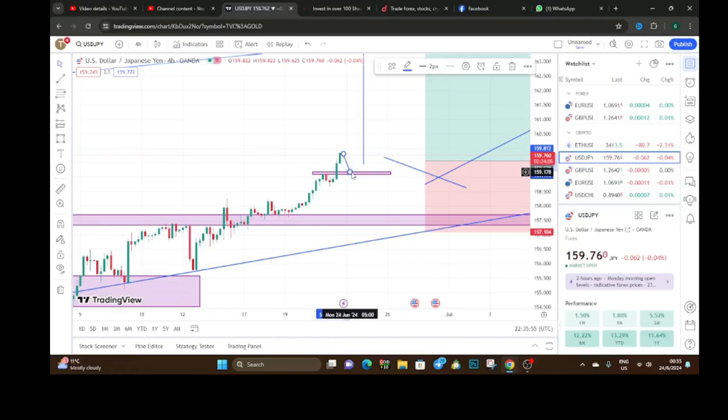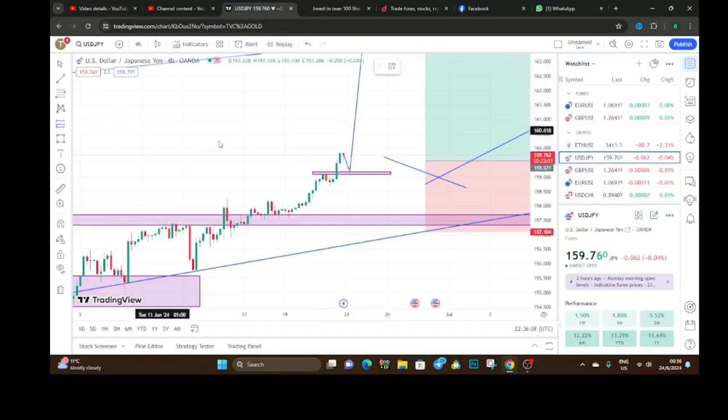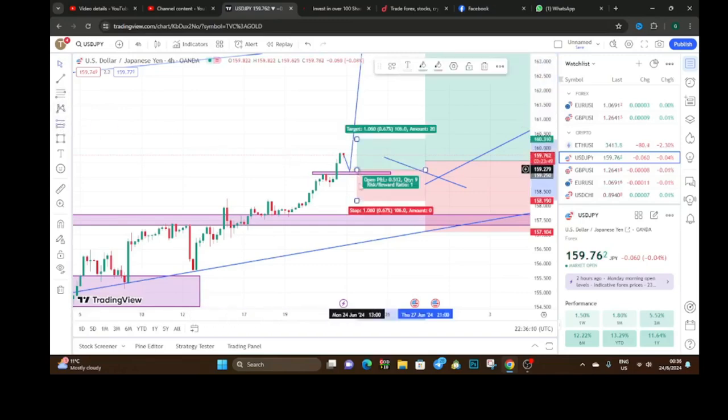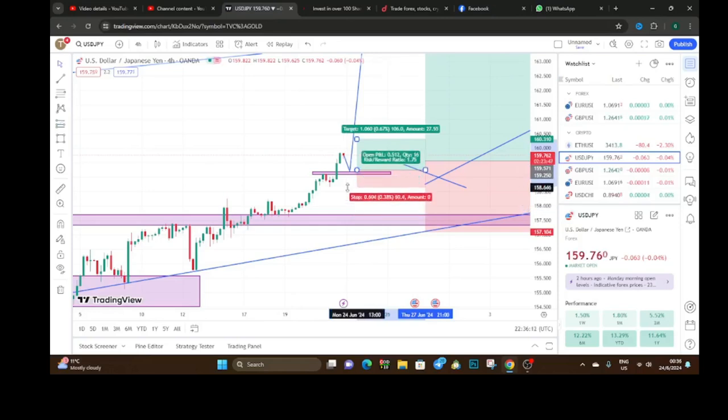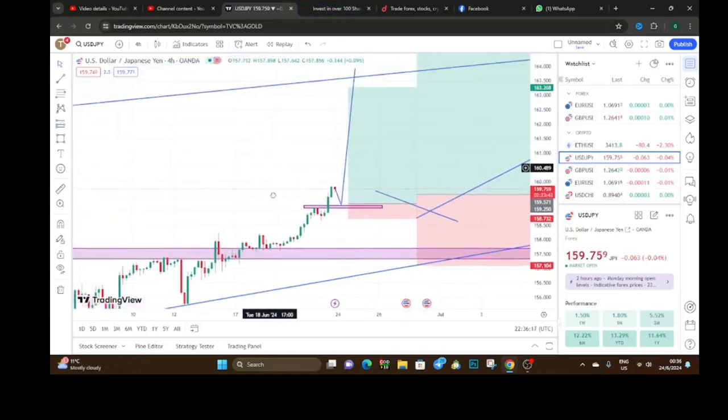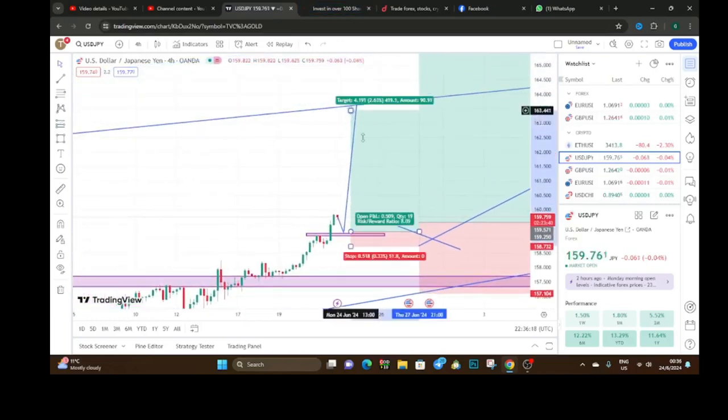If the market comes there for the pullback, then I buy right about there. Okay, so let me just do something like this. So for those who are waiting for the pullback, this is what you're supposed to do, and then your risk would be less, right?